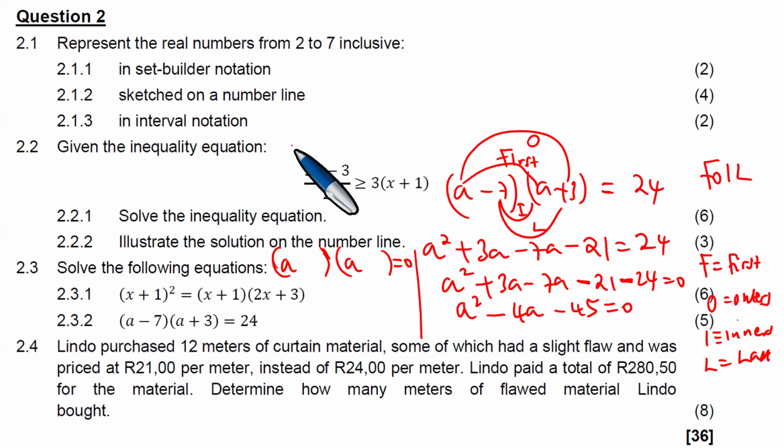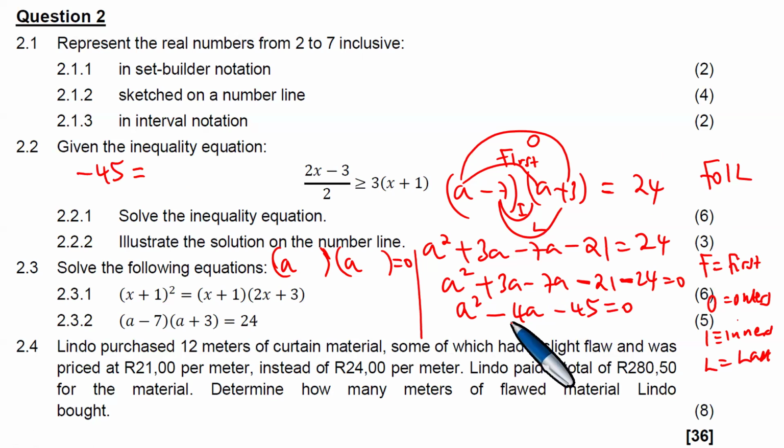There are two numbers. You have the number minus 45, and you must factor it into a product of two numbers. This product is minus 45, but whose sum is minus 4. The minus 4 is the middle one.